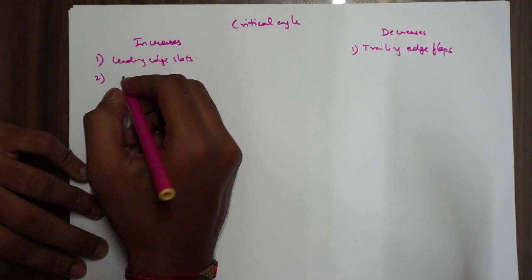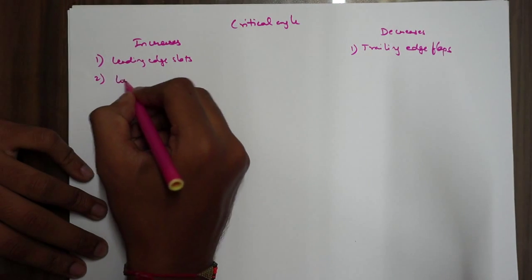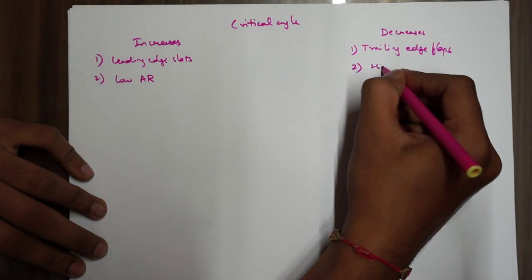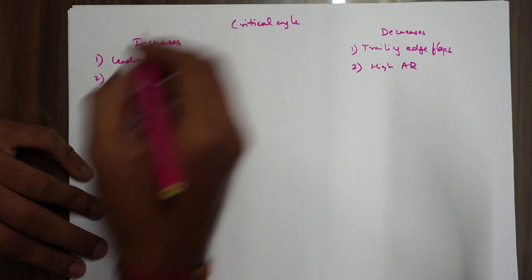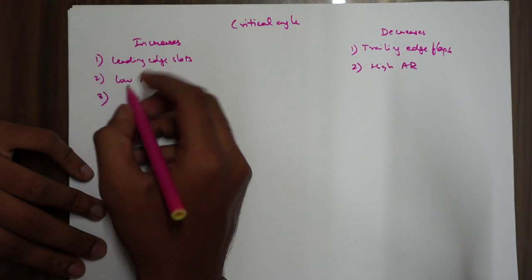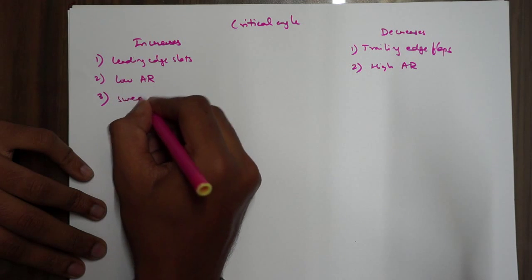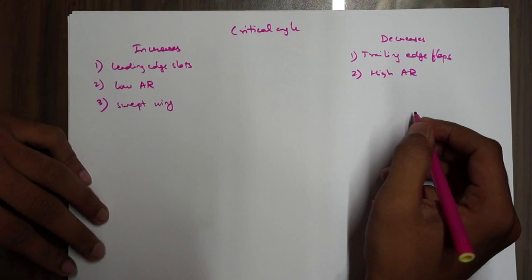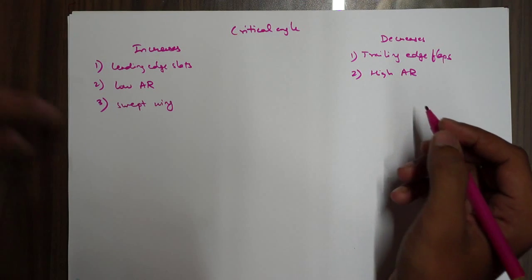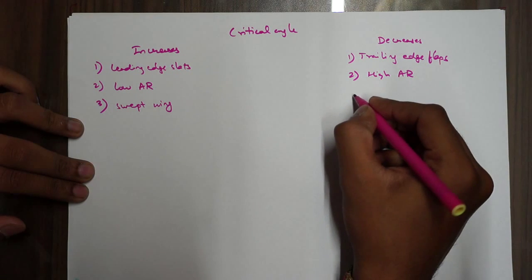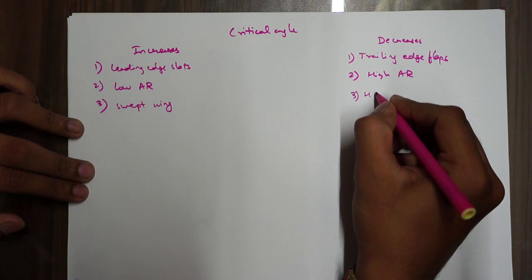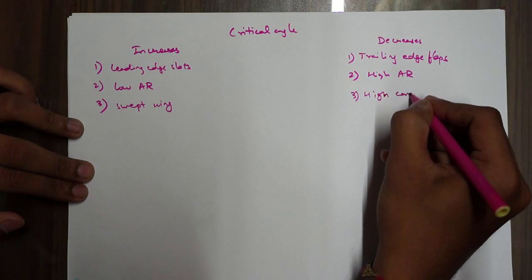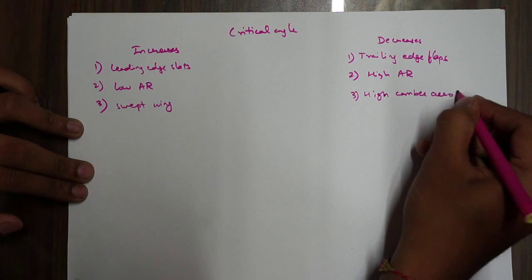Critical angle will increase with low aspect ratio, and decrease with high aspect ratio. Third, critical angle will increase with a swept wing. Always remember there's a difference between the stalling speed and stalling angle. And critical angle will decrease with a high cambered aerofoil.